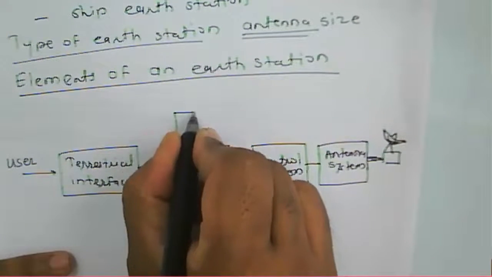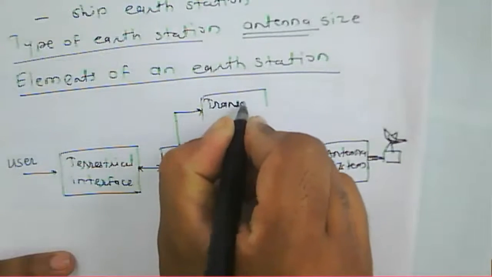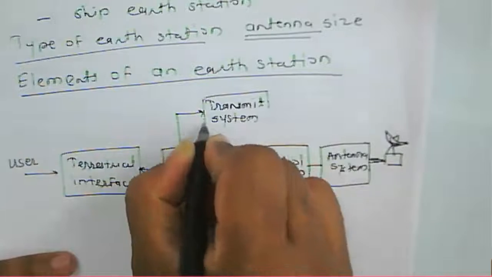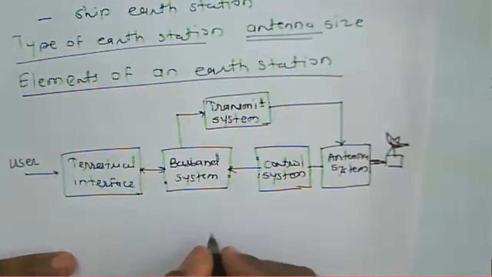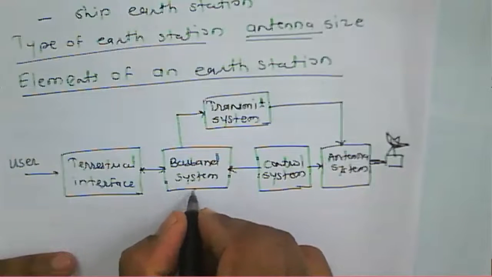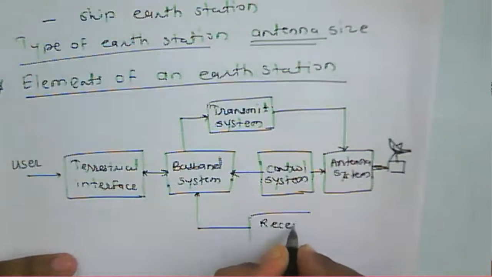From the baseband system, we have a transmit system. From the transmit system to the antenna system here, and then we have the receive system.